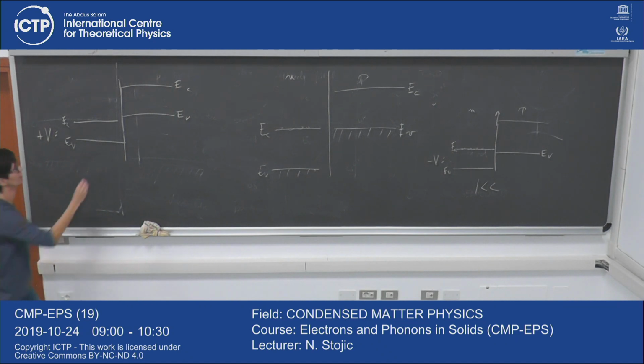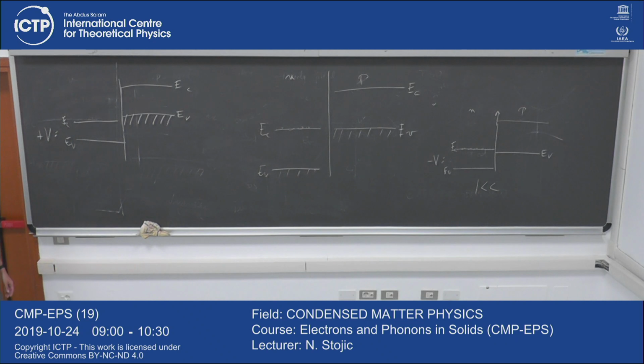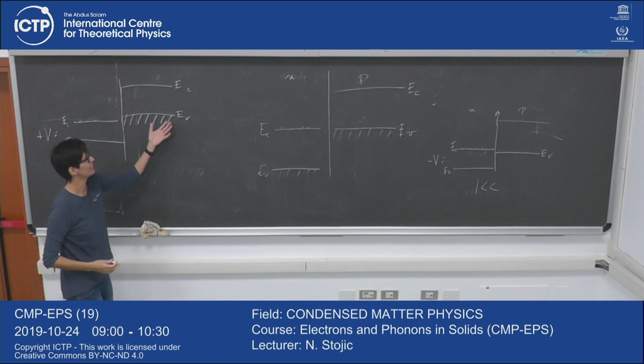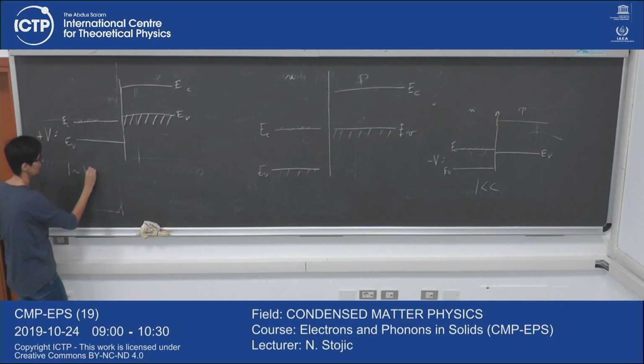Now what we have is the condition that the completely filled band is higher in energy than the band which is mostly empty. And you can see, the more you increase the bias, the more you stimulate these electrons to go down. And the current is proportional to the voltage in this case.